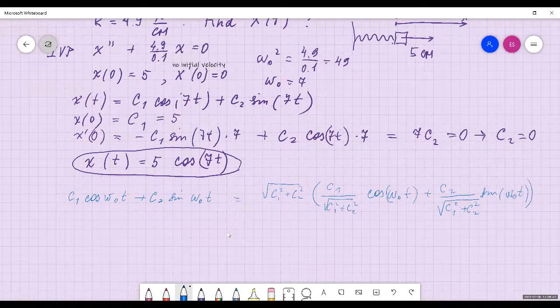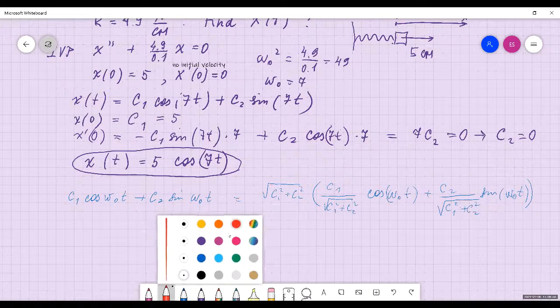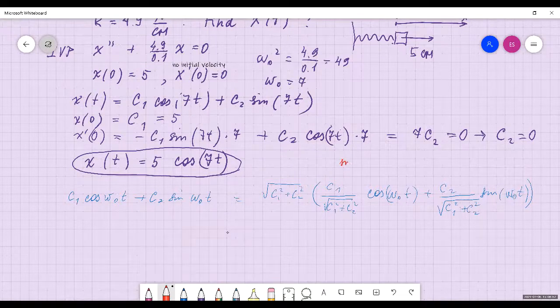Well, why am I doing this? If you remember the formula, let me write it down somewhere separately. Give me a second. The formula looks like this: sine of alpha plus beta equals sine of alpha cosine of beta plus cosine of alpha sine of beta.